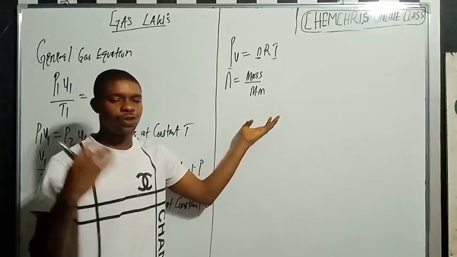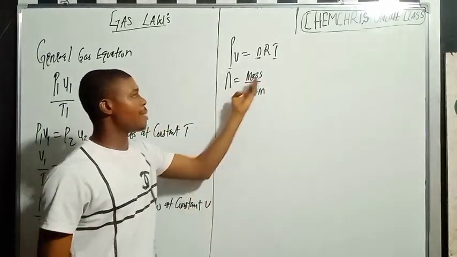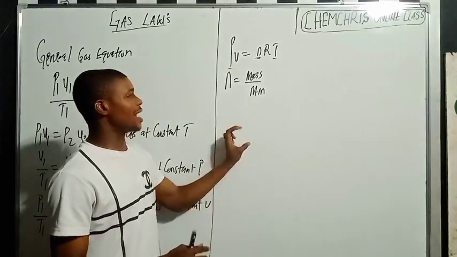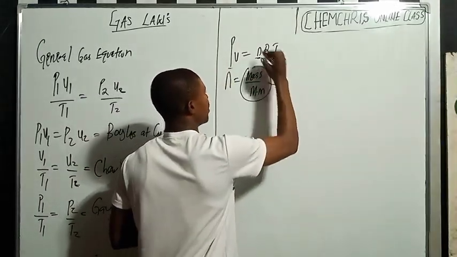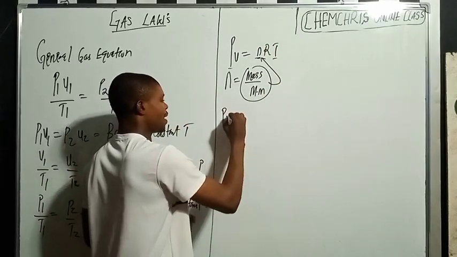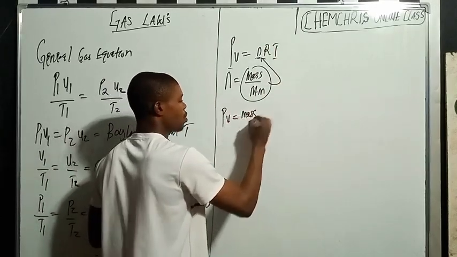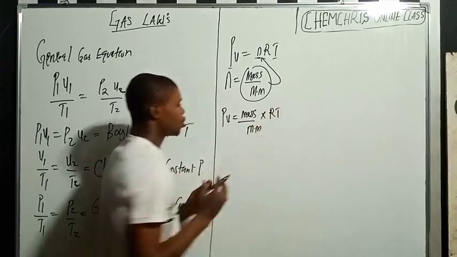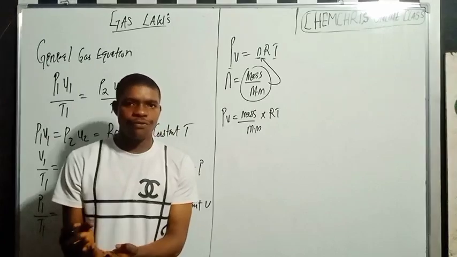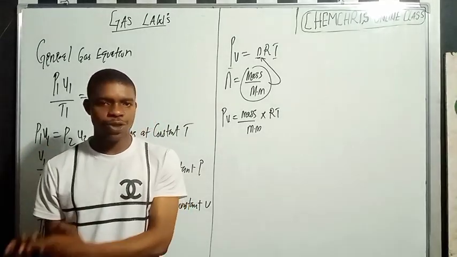So this is another formula you need to take note of: n equals mass over molar mass. Now let's substitute this here. So PV equals mass over molar mass times RT. From here I can make mass the subject of the formula, or make molar mass the subject of the formula.